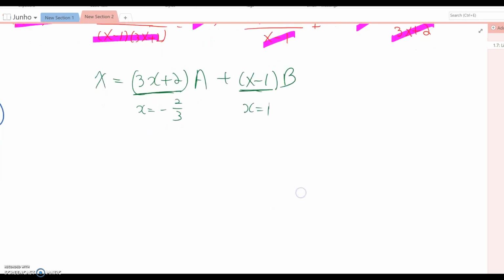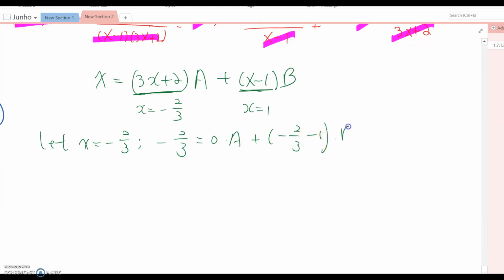Okay, so let x equal negative 2/3. Then this equation becomes negative 2/3 equals 0 times a plus negative 2/3 minus 1 times b. The first term is 0, so we don't need it.